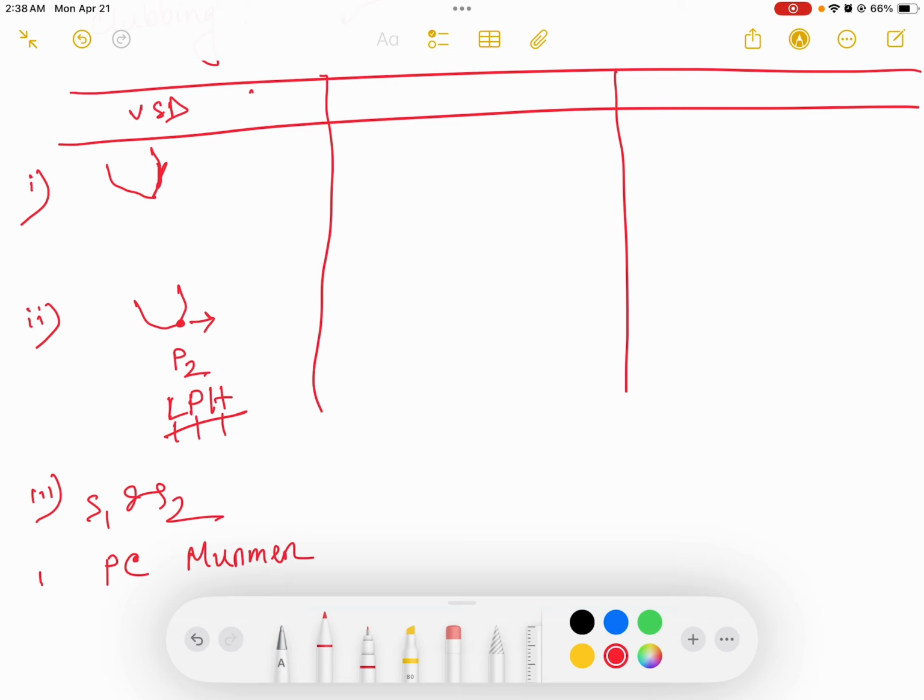In case of tetralogy of Fallot, on inspection we may get a bulge due to right ventricular hypertrophy. On palpation, apex beat in normal position, and palpable P2 and left parasternal heave absent.